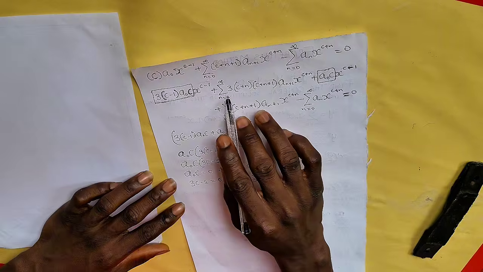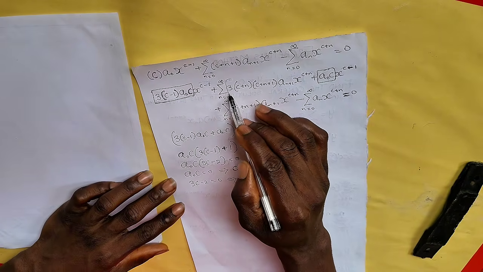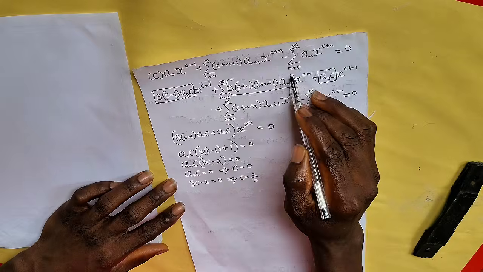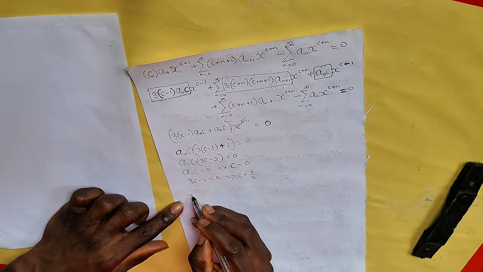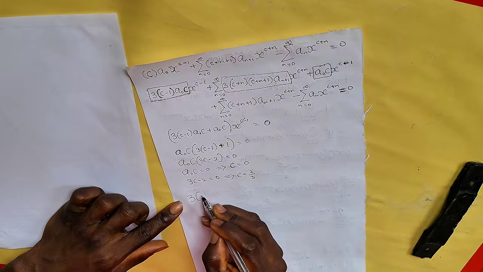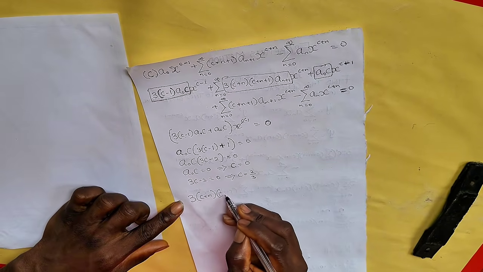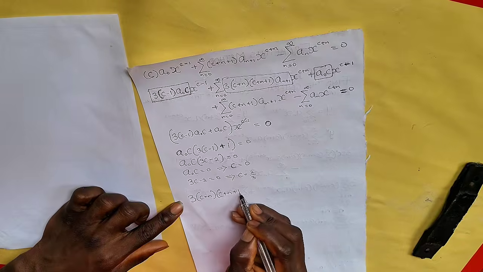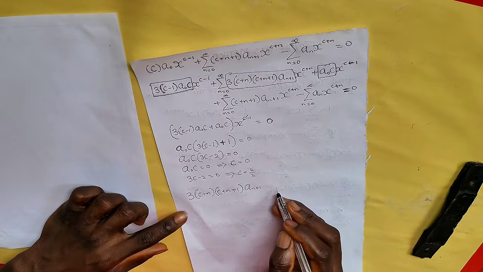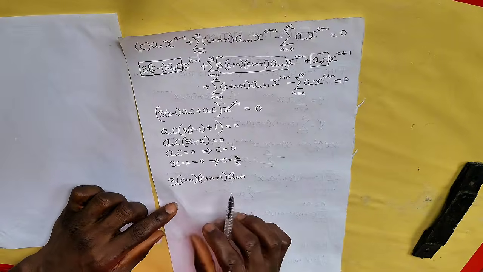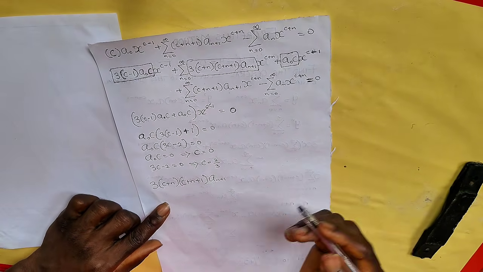So for the first one, this expression, I'm going to just take this out. So I'm going to have 3 into c plus n, and c plus n plus 1, a n plus 1. I said let's leave the summation sign aside, so we will still use it later.